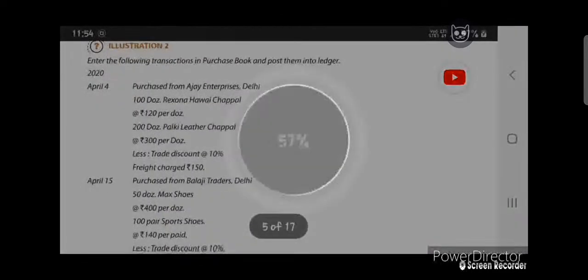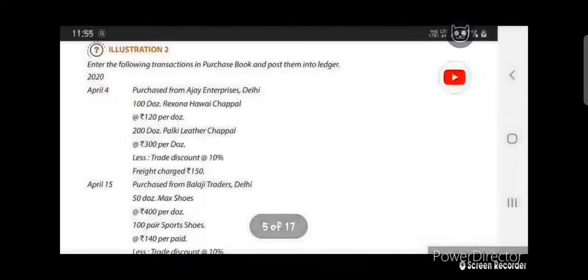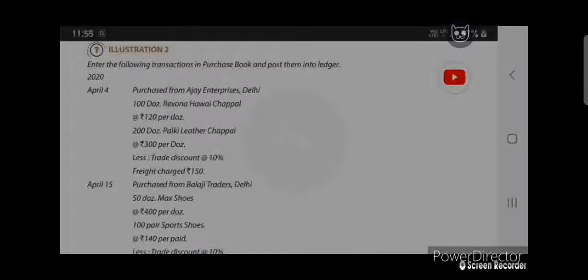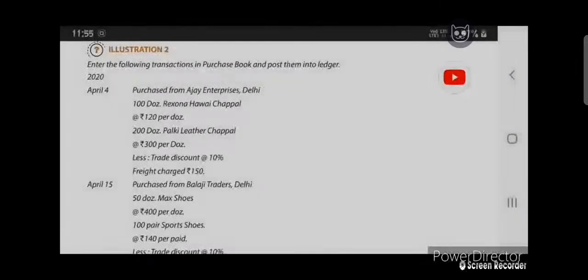Next is illustration 2. Here we have to enter the following transactions in the purchase book, and then we have to post them into the ledger book.